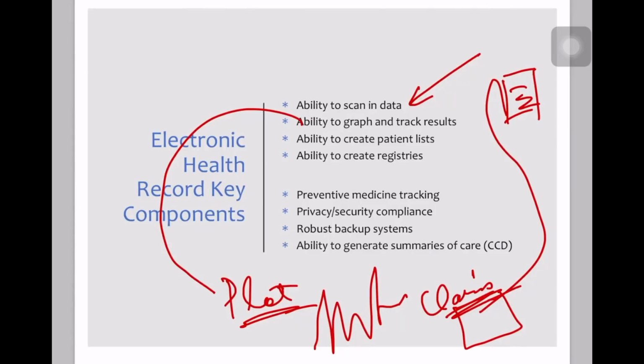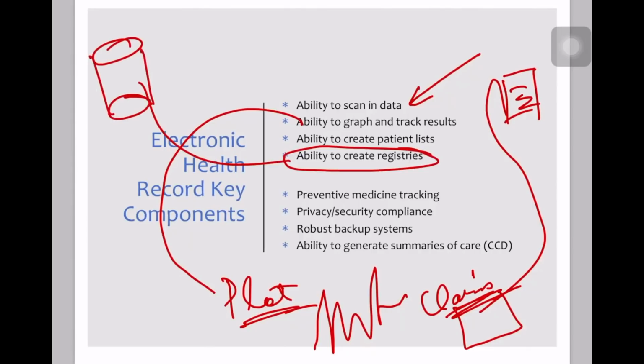Ability to create registries. We will study registries in detail. Registries are, you can say, a separate database or separate record, for example, the registry of cancer patients, right? Or the registry of patients with Ebola, or the registry of patients with COVID.